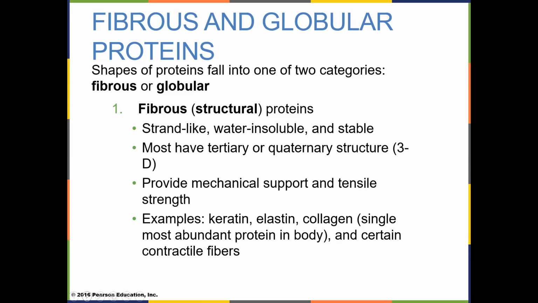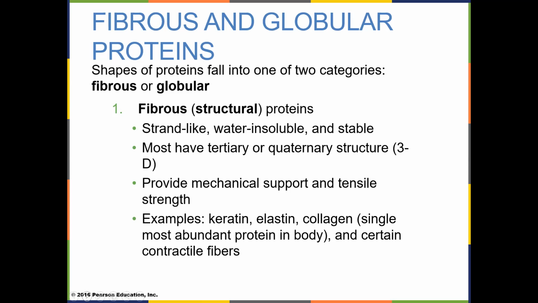So, fibrous proteins are the structure proteins. Things like muscle cells are filled with fibrous protein. The protein in our tendons and our ligaments, all that collagen, are structural proteins. They are all insoluble in water. They all are arrayed in strands side by side. Remember the imagery from the lab of the collagen fibers?